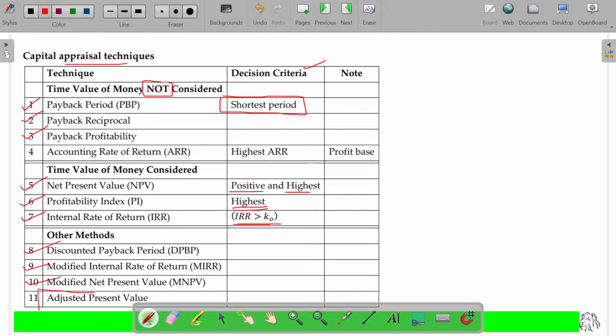Only one method is pending. This one is available only for CMA, not for CA. So anyhow, it's a small concept. Only one illustration was there in the CMA book, so I have incorporated that one also here. We have almost completed all the appraisal techniques.